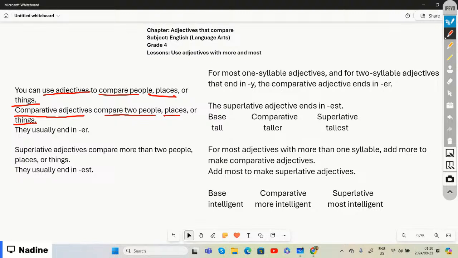And when we compare two people, places, or things, usually the adjective ends with an ER.